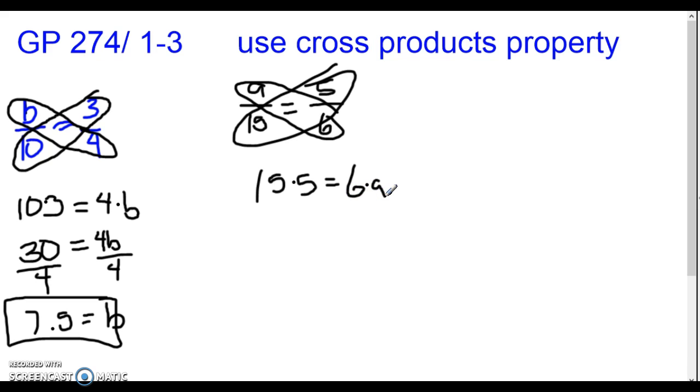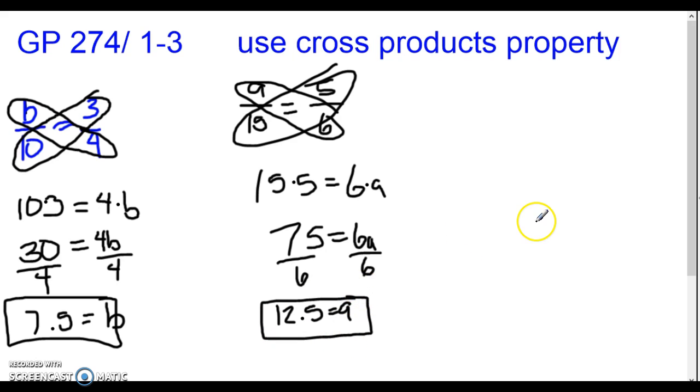So 15 times 5 equals 75. And 6 times a will give you 6a. Now to get a by itself, you need to divide both sides by 6. And 75 divided by 6 equals 12.5. So 12.5 equals a.